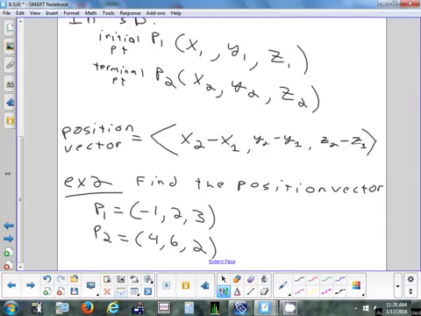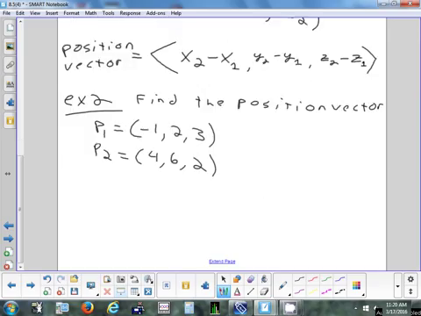P1 is my initial. P2 is my terminal. Let's write it in the algebraic form, and then we'll also write it with ijk after. So the first one is going to be what minus what? 4 minus negative 1, which is 5.